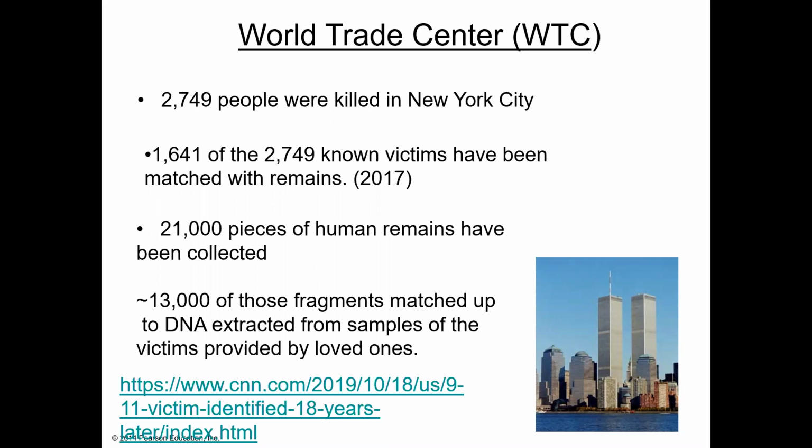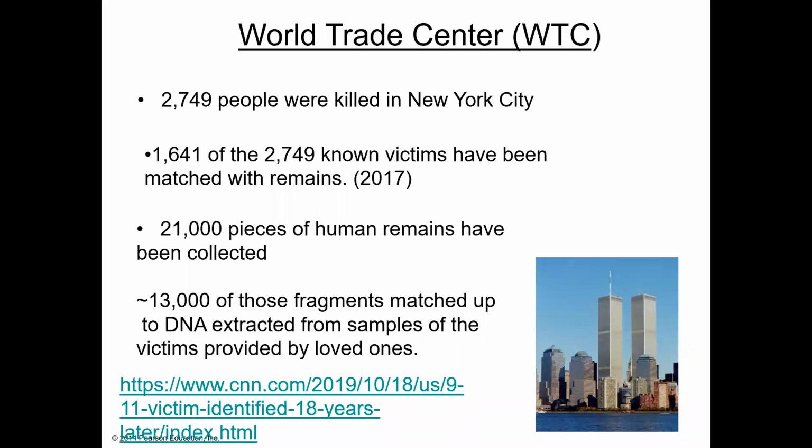And so 21,000 pieces of human remains have been collected. I believe this is still ongoing. They're still trying to identify all the remains they can. About 13,000 of those have matched up to DNA extracted from samples of victims provided by loved ones.